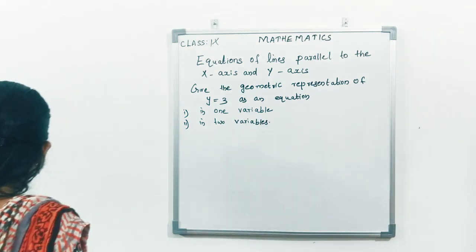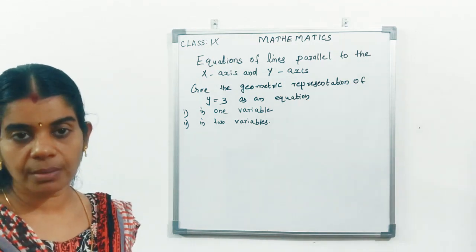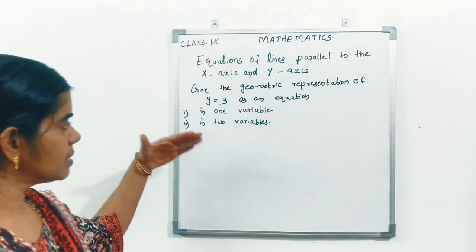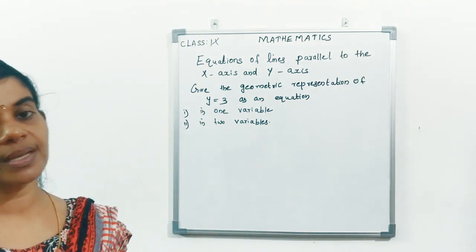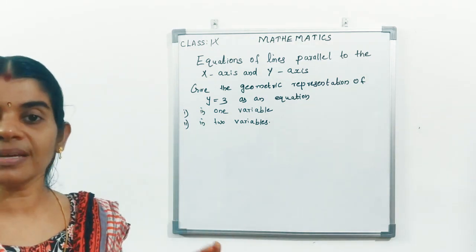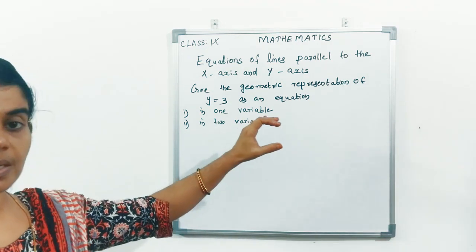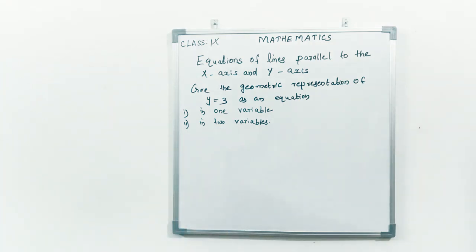In the previous question we said represent on the number line, and second in the Cartesian plane. Here we express it in another way: in one variable means it will be on the number line itself, and in two variables means it will be in the Cartesian plane.